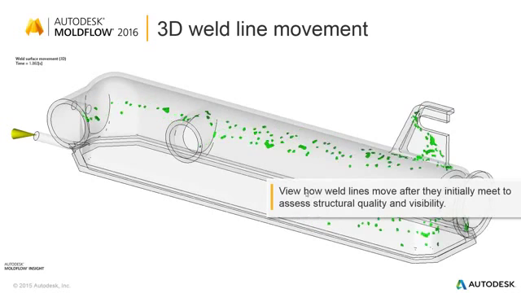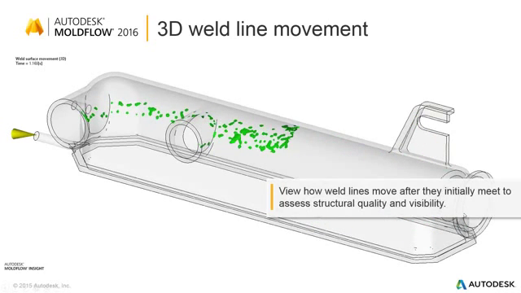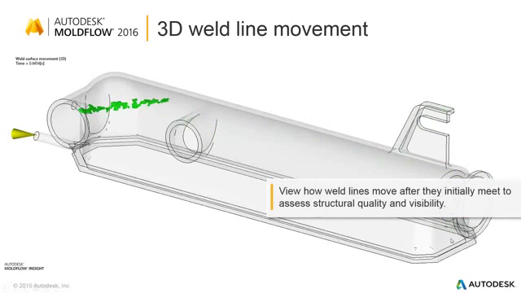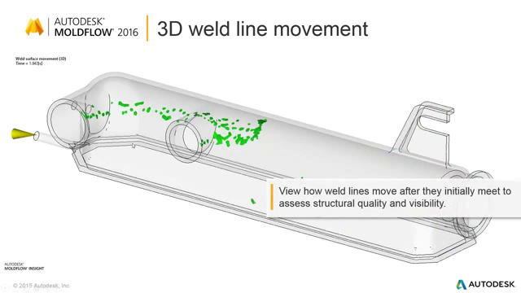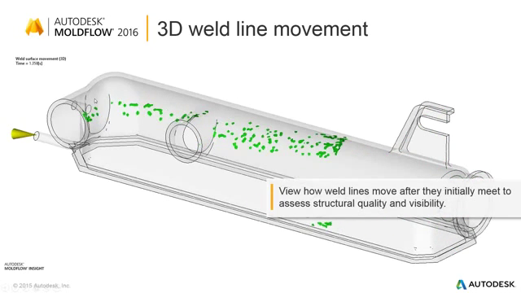While on the far end of this, we see a weld line forming over here that does not move, and that's going to be a stagnant weld line that will not have had any mixing going on at that point in time. So that weld line is probably significantly worse in quality than the weld line over here, from a structural perspective at least.